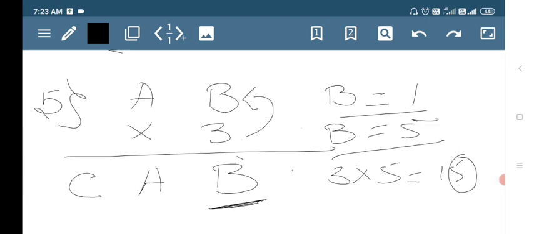So now if I take B is equals to 1, it is not possible that I can get the 3 digit number. So the possibility is that B can be 5.